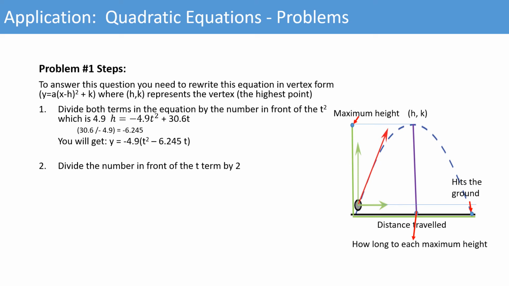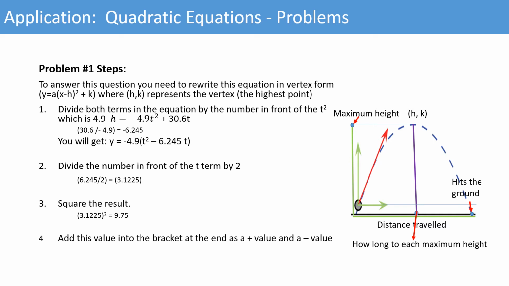Divide the number in front of the t term by 2. 6.245 divided by 2 is 3.1225. Square this result. 3.1225 squared is 9.75. Add this value inside the bracket at the end as a plus value and a negative value.